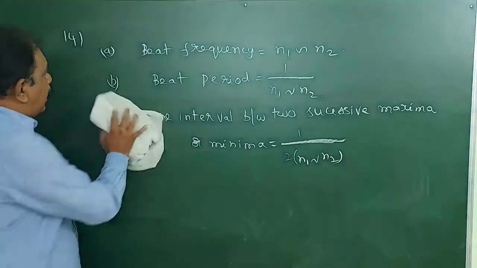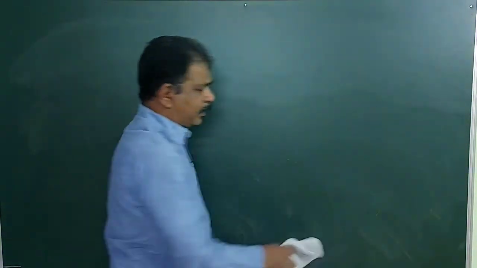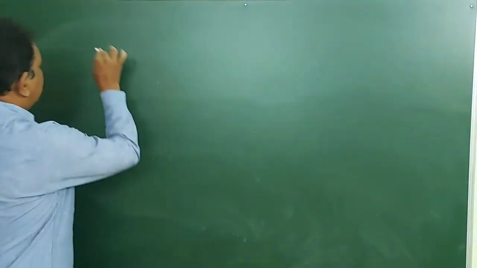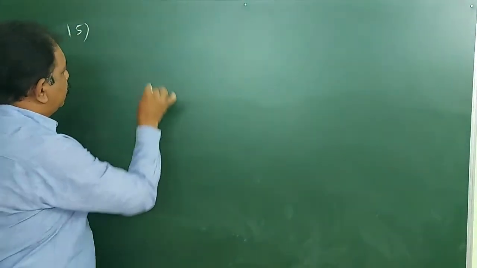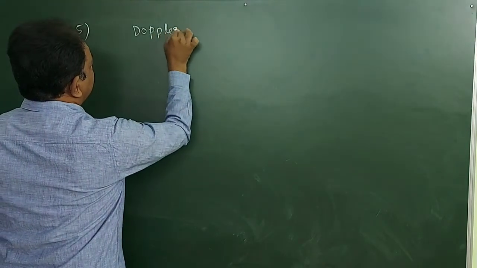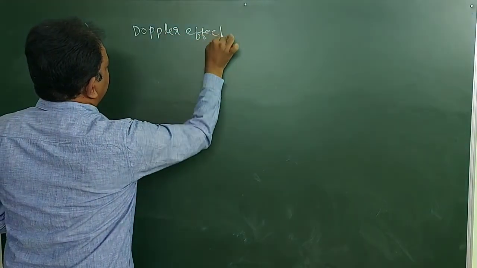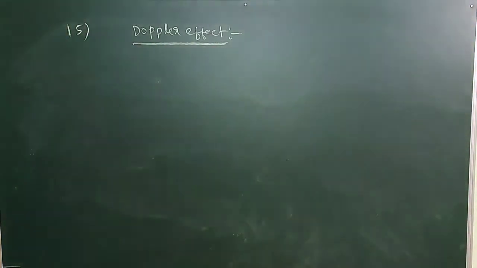Next, the last topic will be the Doppler effect. In the Doppler effect, different cases will be there. What are those different cases that arise in the Doppler effect? Let us see.